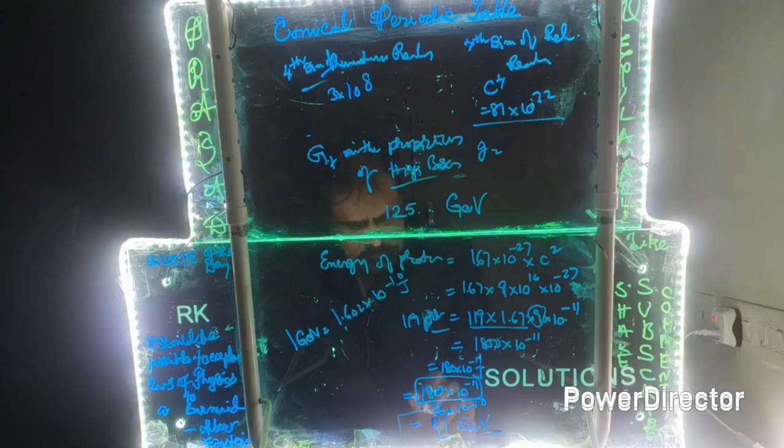This will be the energy of 119 protons. 119 protons, energy will be 111 giga electron volts.